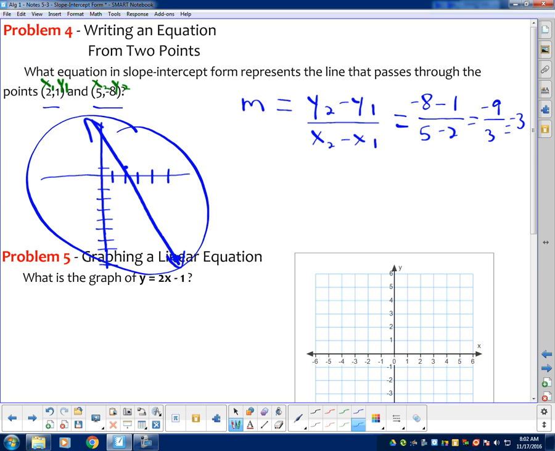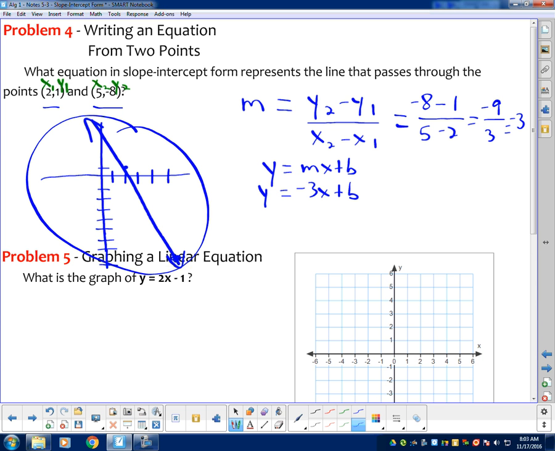So what do I have so far? Let's review. We have y equals mx plus b is what I have. And so far I have found that m is negative 3. I've got my y and my x, just like in the previous two examples. If you notice, those y's and x's stay in there. What I need to find is my b.